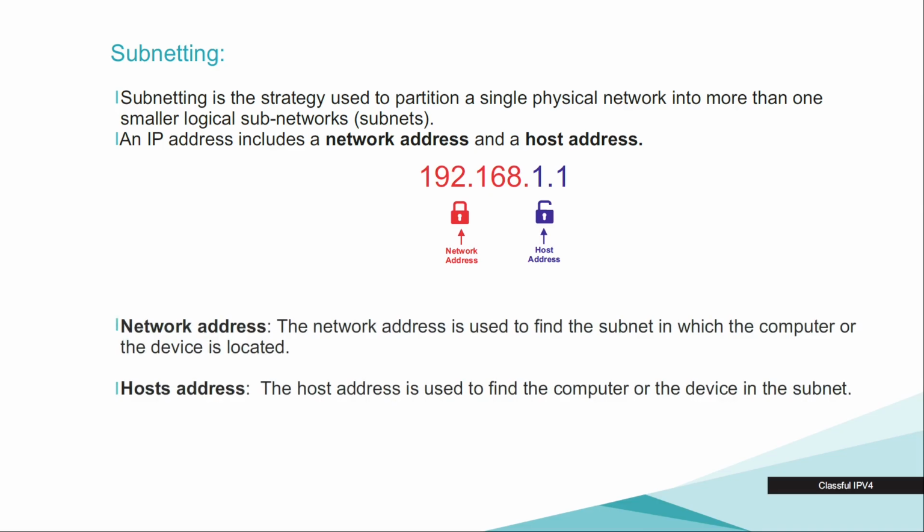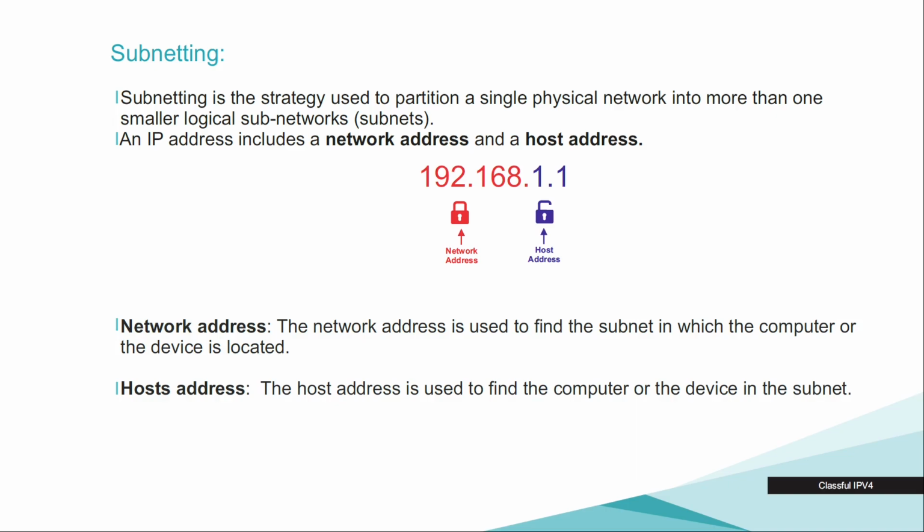So the network address is used to find the subnet in which a computer or device is located. The host address is used to find the computer or the device in the subnet. So you can think of the network address as the subnetwork address, and the host address is the IP address of the device. We will learn more about the network address and the host address in the coming slides.